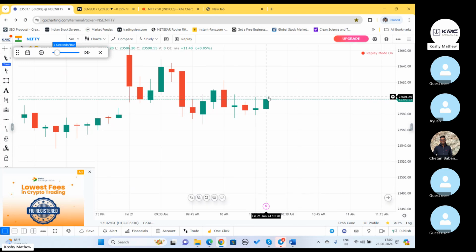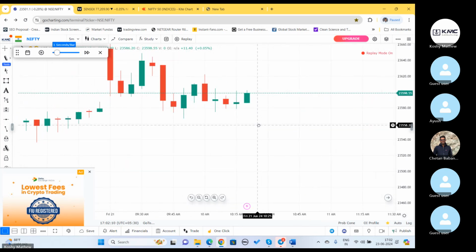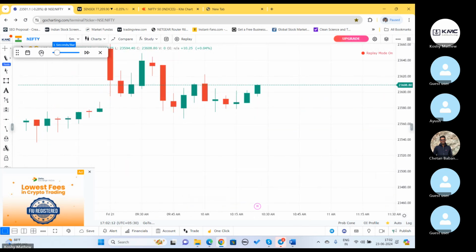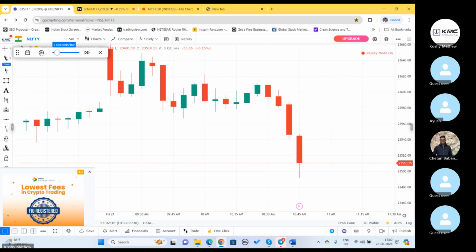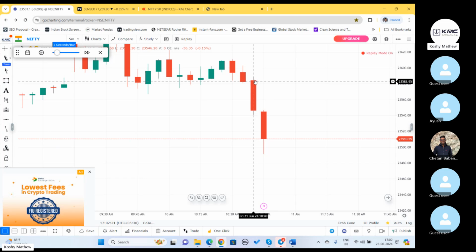Market opened at 9:15. Let me take it a little forward. All right, let me ask, what kind of candle is this? Look at my cursor. The second candle, the red one.